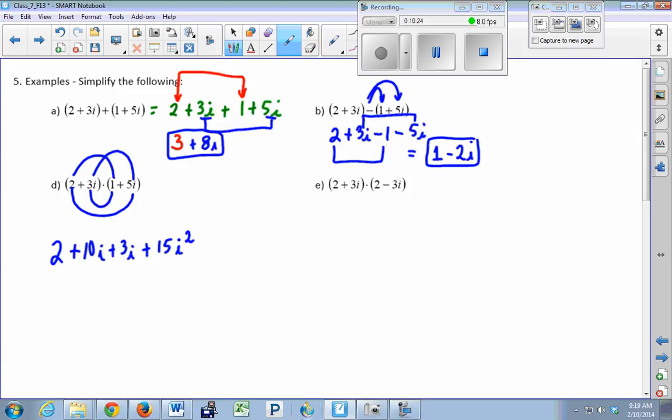So this is where that little i squared comes in. So now you look at that and you say, okay, I got two like terms here right in the middle, and I'm going to put those two together. 10i plus 3i is 13i.